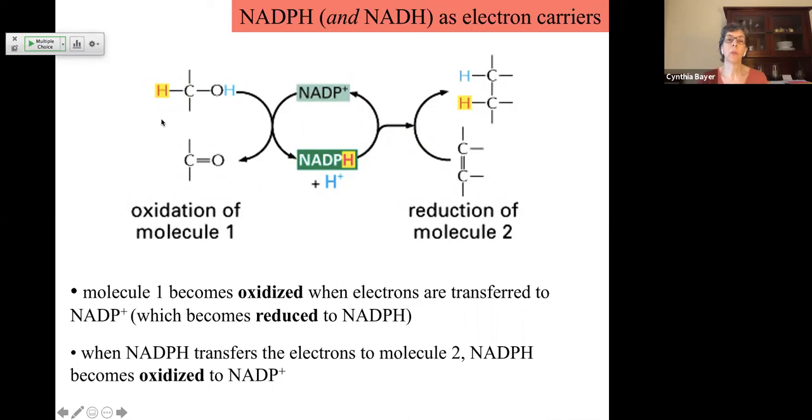So electrons from one molecule are transferred to the electron carrier, which can then later transfer them to another molecule. Transfer those high energy electrons to that molecule, reducing molecule 2. So we're not looking at any particular step right now. We're just thinking about conceptually what an electron carrier is doing, how it's carrying electrons around.